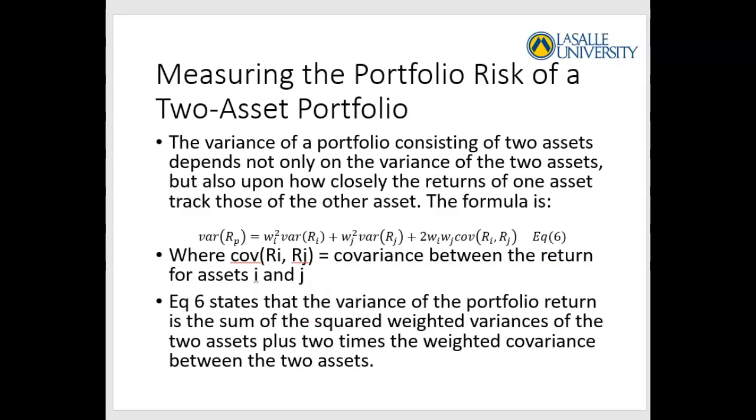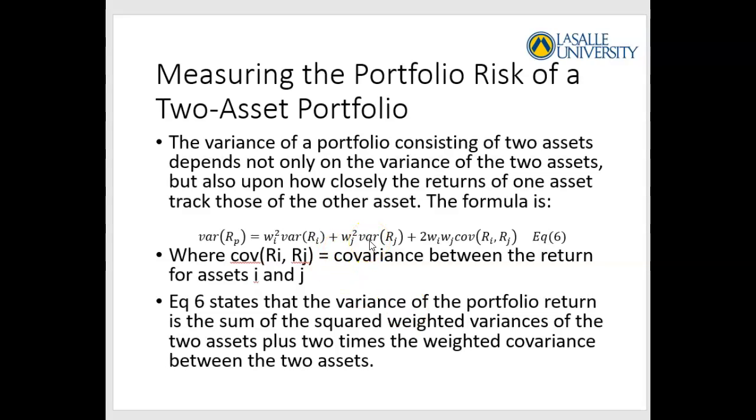If an asset is riskless or it has a dispersion around the expected return of 0, then the variance of that asset becomes 0. However, if the asset has a non-zero variance, which means that it can take values other than the expected value, then you have a positive variance.